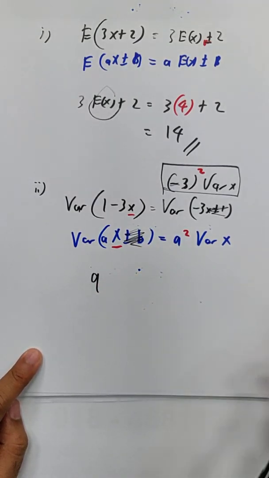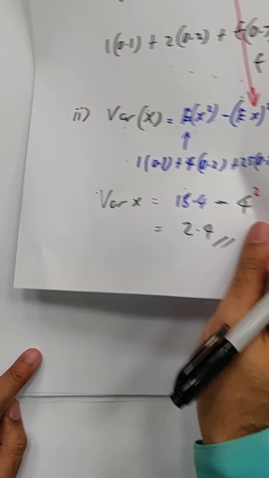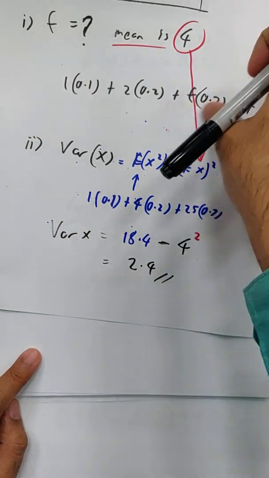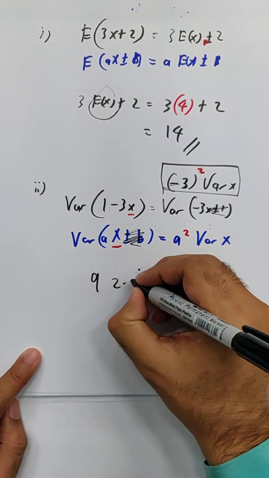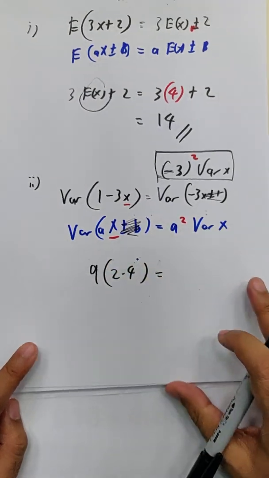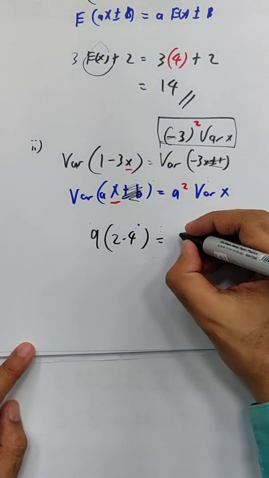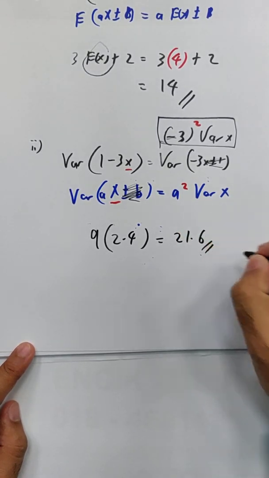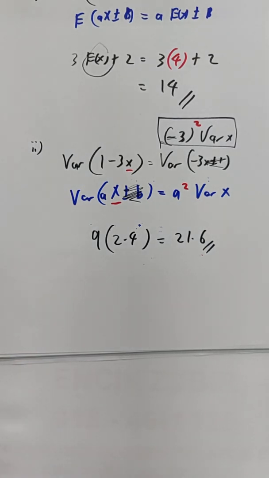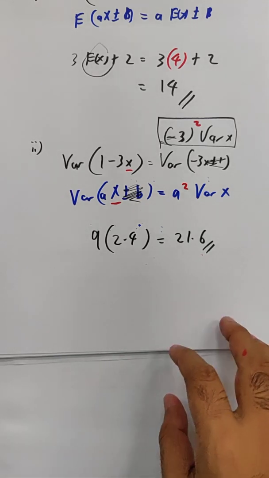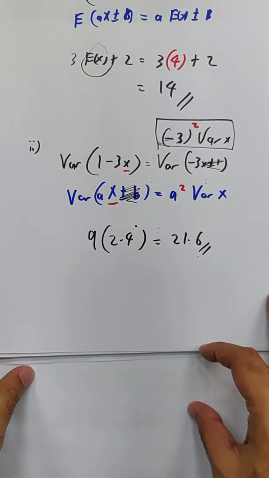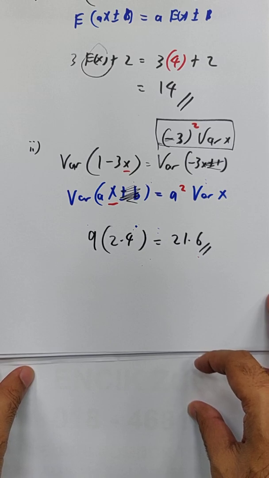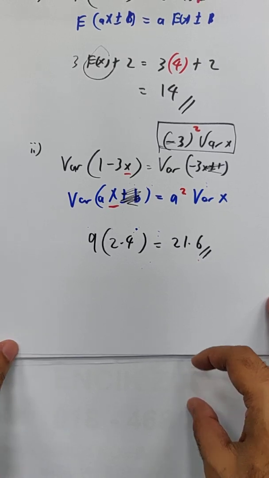What's our variance x? We calculated just now it's 2.4. So ultimately that gives us 21.6, if I'm not mistaken. Are you guys okay? Memorize the formula? Am I too fast? Do you want me to repeat that again? Okay, good.